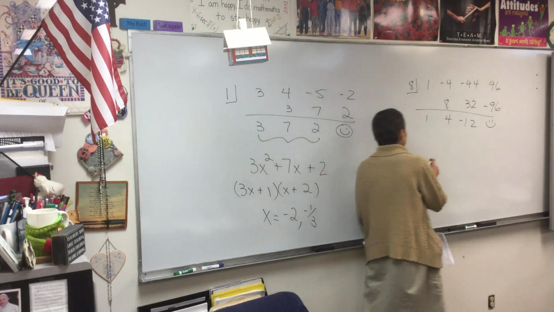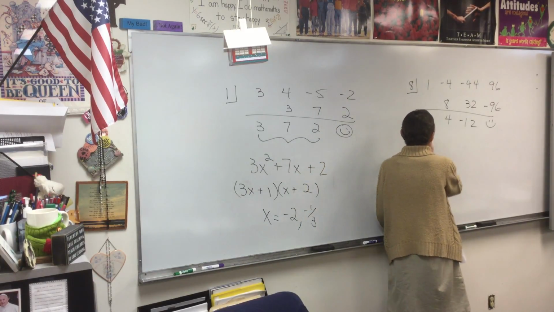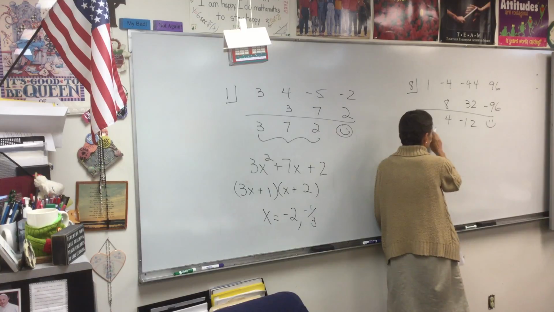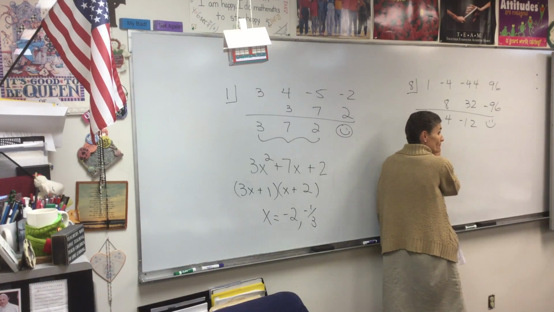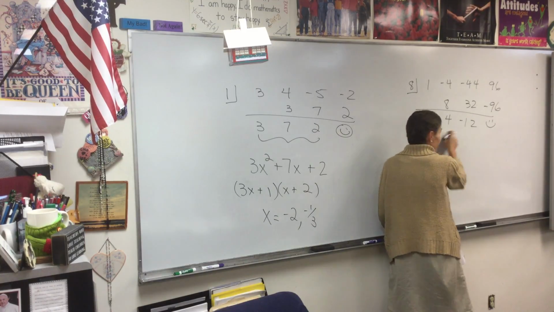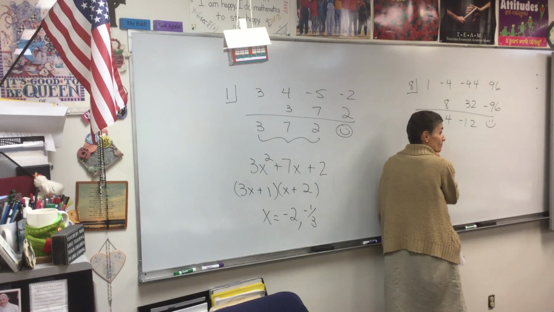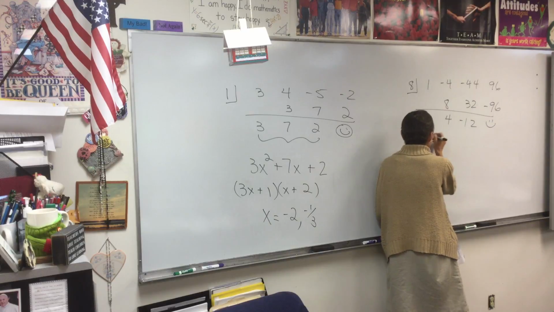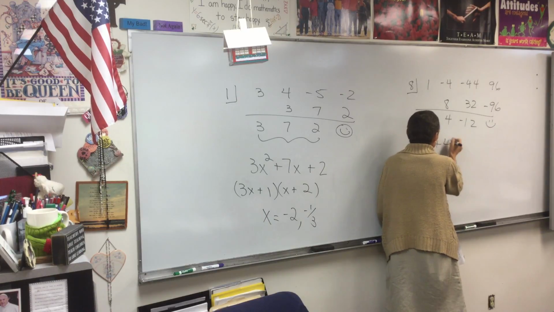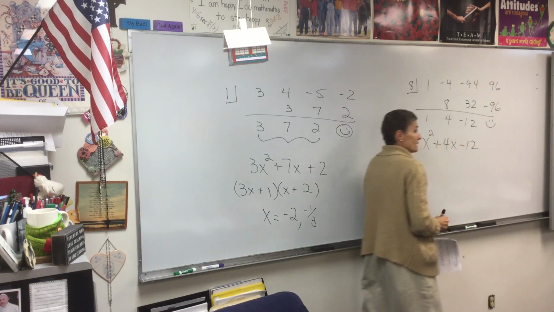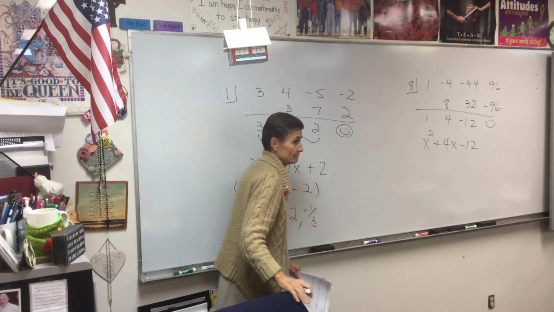So, Philip, what's left down here? What does that stand for? x squared plus 4x. Perfect. Beautiful. Now, Philip, what do I want to do with that?